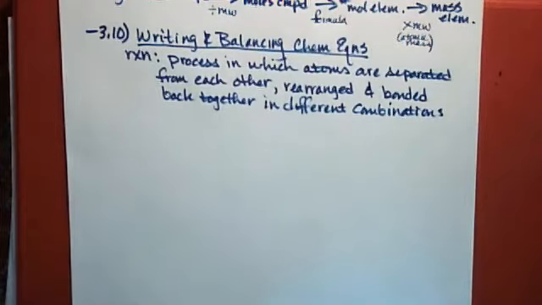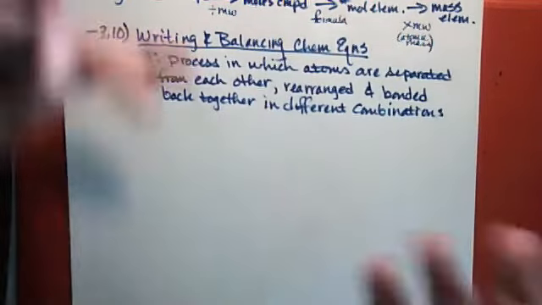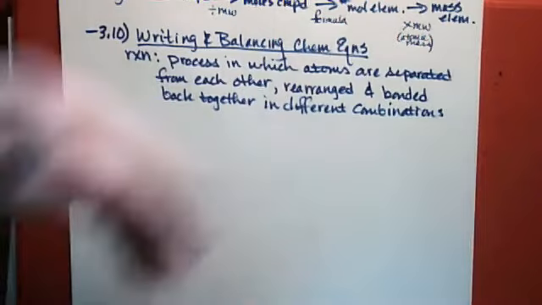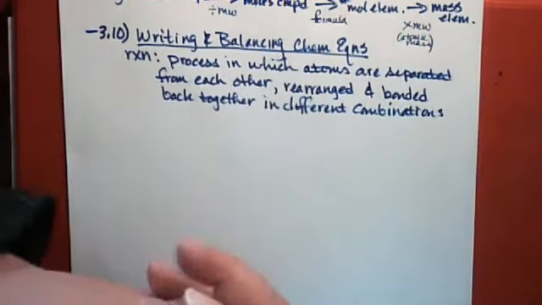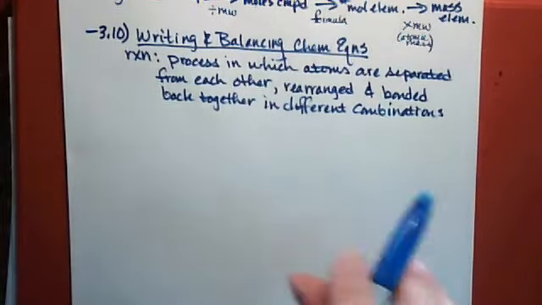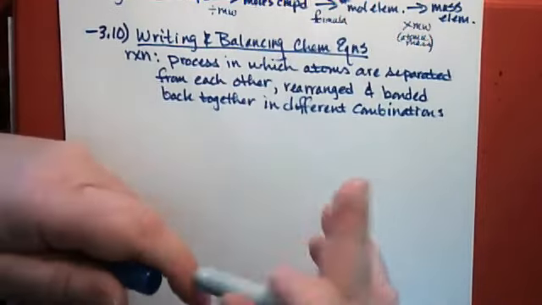Okay, so you take the atoms apart, maybe not all of them, but at least some of the atoms, you take them apart, rearrange them, put them back together in a different way. And that's a chemical reaction.